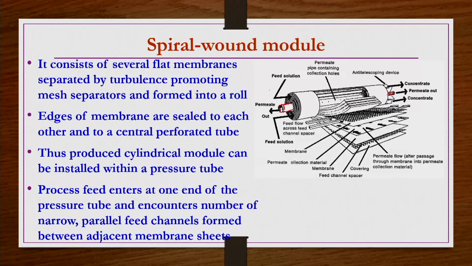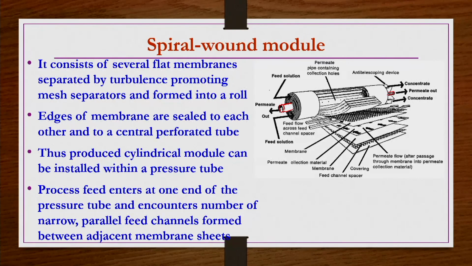Each membrane is separated by a separator, so that the separators not only separate one membrane from another, but also generate high flow rate turbulence. For each of these membranes, there is provision for the feed to come in and the permeate to concentrate to be collected from the other end like this.